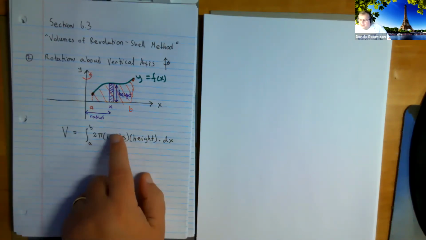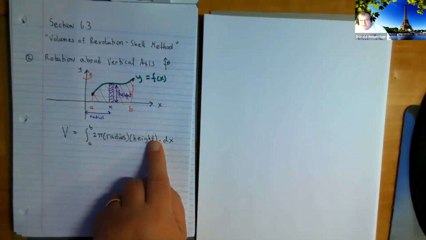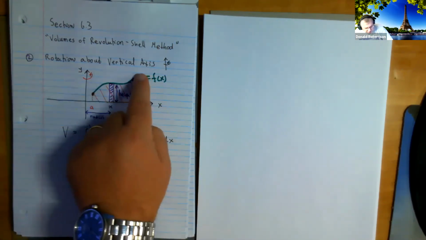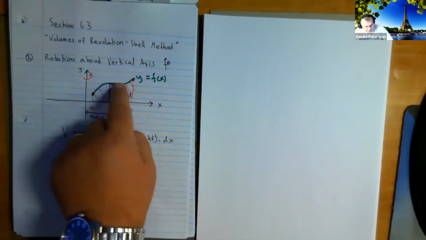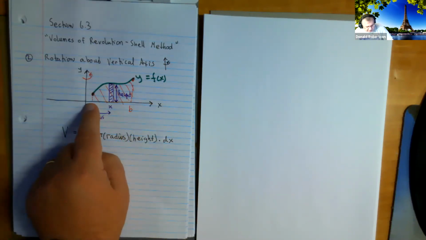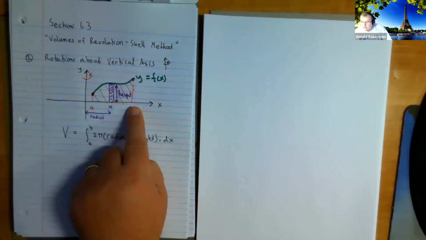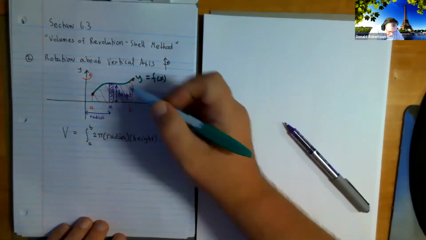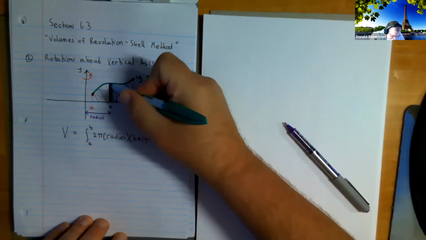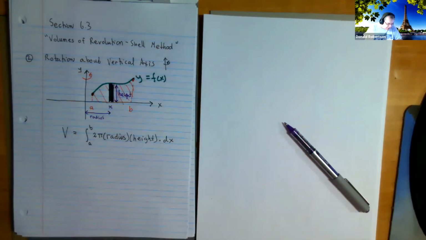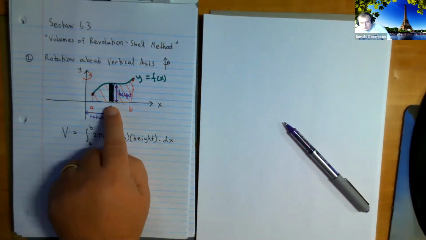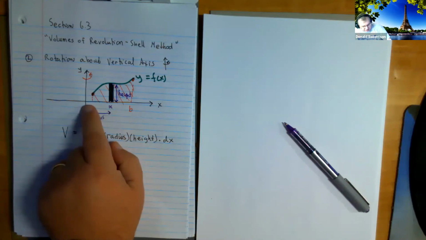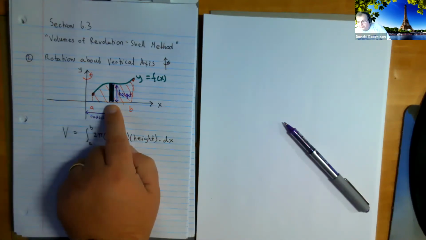2 pi, a thing called the radius, a thing called the height. So can you imagine I have a shape, y equals f of x, a curve, from x equals a to x equals b. Your rectangle, I guess I should be consistent because I tend to make my rectangles green. Our green rectangle will now be at position x, because it reaches the x-axis.